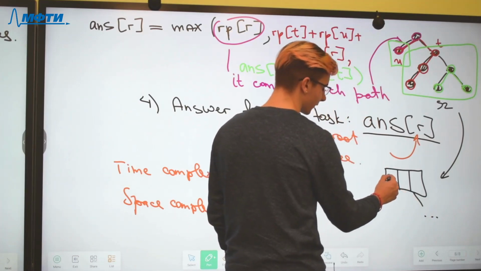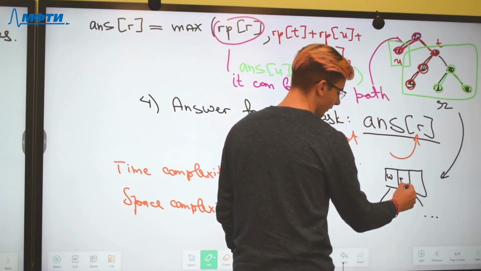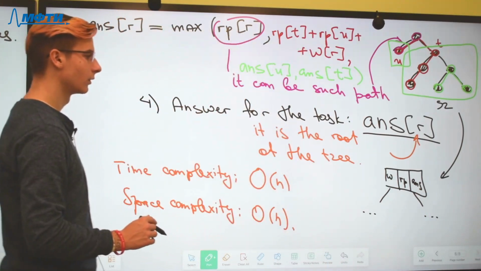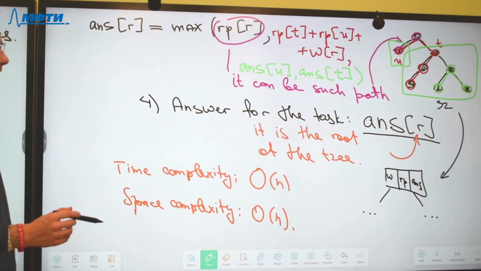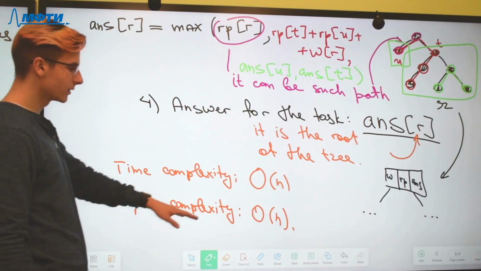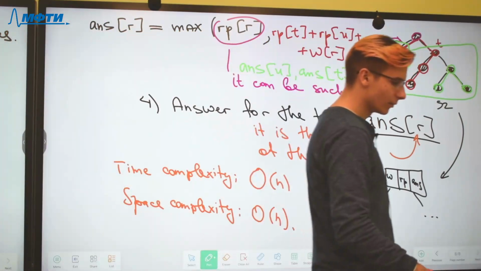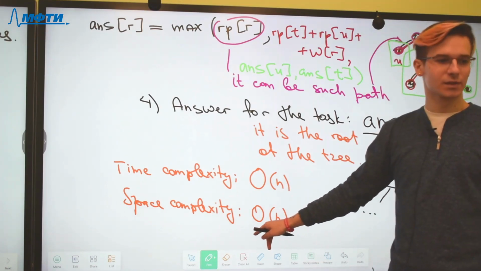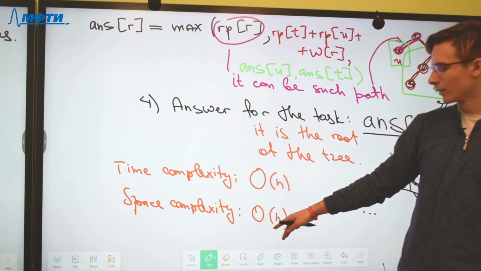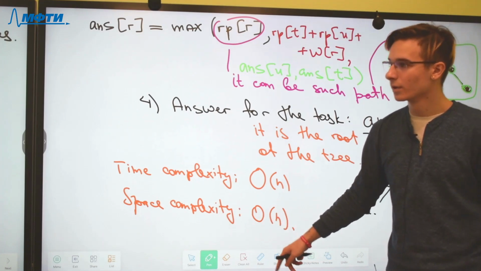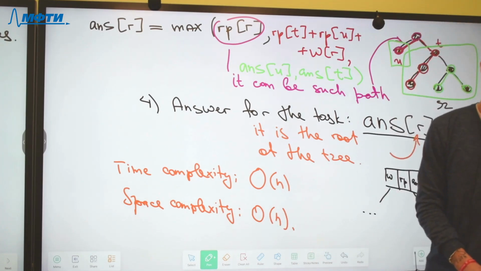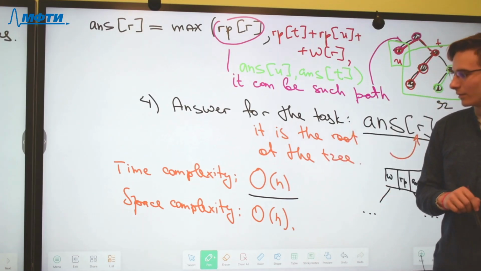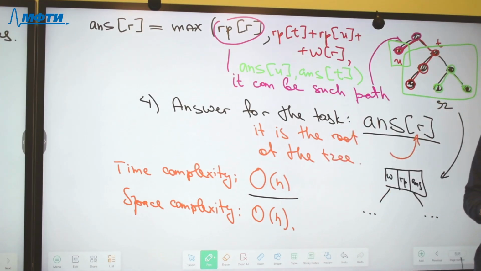Each node has V, RP and ans numbers. So asymptotically it's equal to O(n), but the coefficient before it will be bigger than in the naive algorithm. But of course, the time complexity is better than in the naive algorithm.